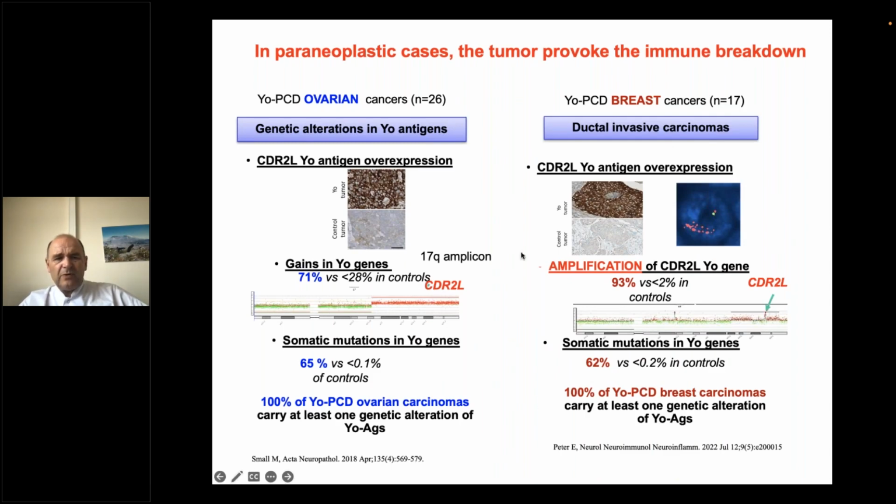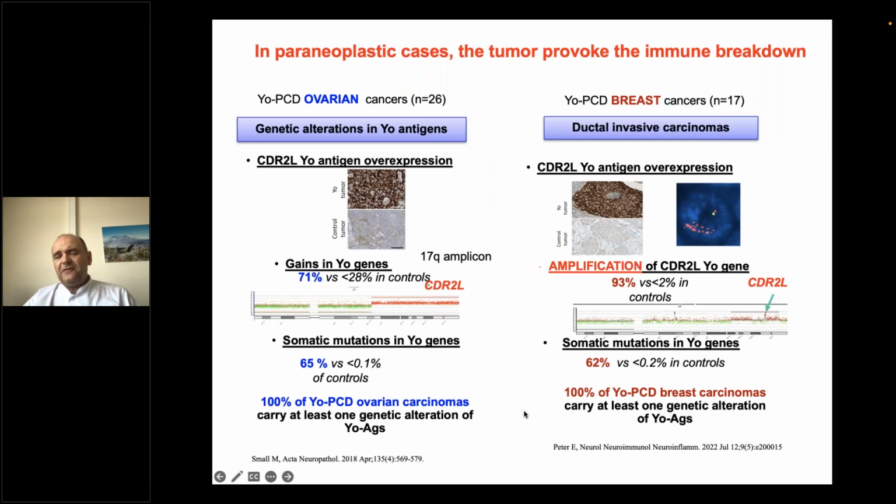With Virginie Desestres, we worked on the immune breakdown in the tumors of patients with paraneoplastic syndromes, and we clearly identified that the tumor provokes the immune breakdown, with mutations of the antigens and overexpression of the antigens, specifically in the tumors of patients with paraneoplastic syndromes, and some abnormalities of the genes, with gain of expression and mutations of the antigens recognized by the autoantibodies in these patients.